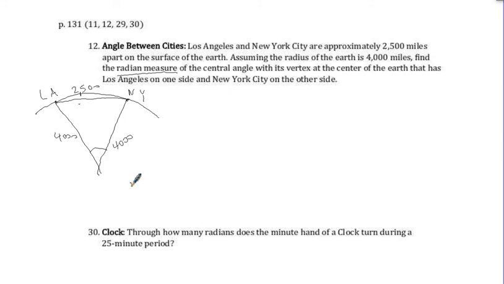We remember the formula to find the angle theta is going to take the arc length S, or the portion of the circumference of the circle connecting those 2 points, and dividing it by the radius of the circle. So 2,500 divided by 4,000 tells us that the angle measured in radians is 0.625 radians.